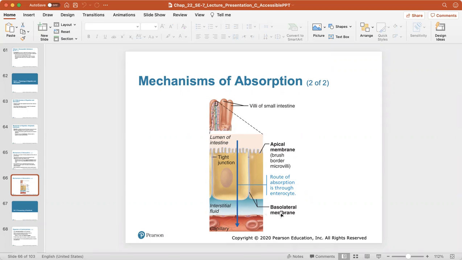Here's the basolateral membrane, and you can see here the route of absorption. We want to go through the cell into the blood capillary. So through the interstitial fluid, eventually into the blood capillary, into the vein that will take all the digested and absorbed materials into the liver for more processing.